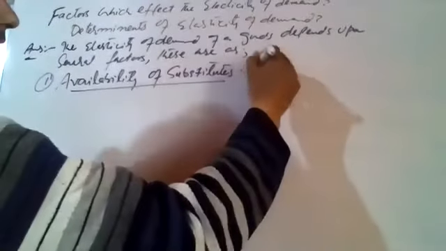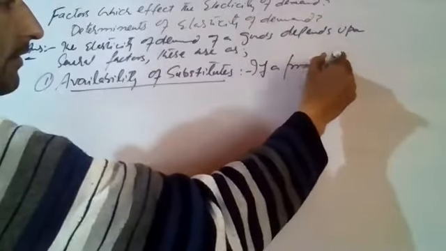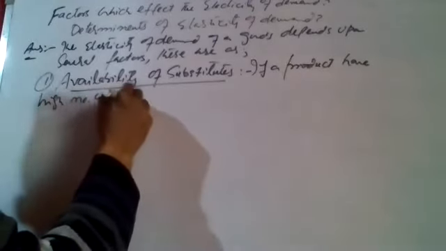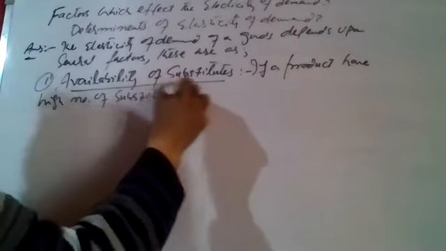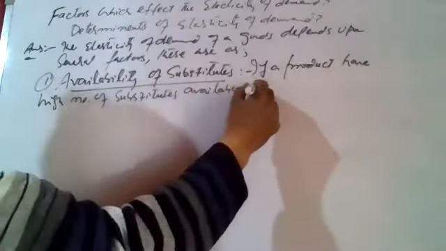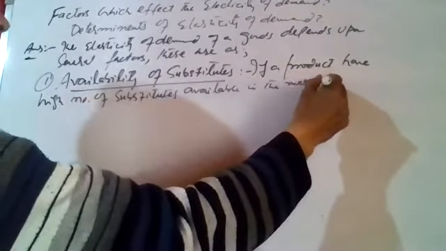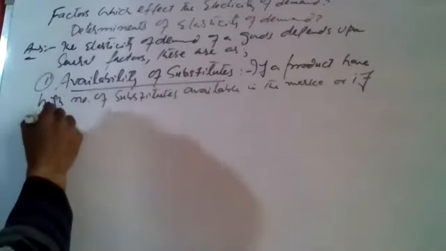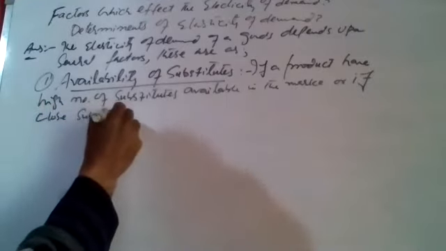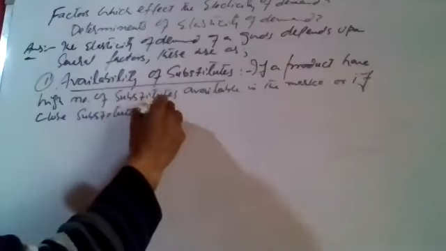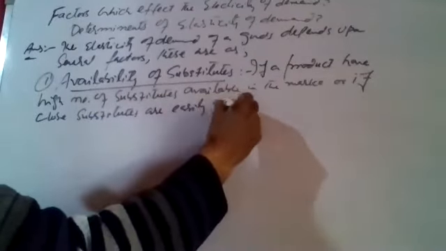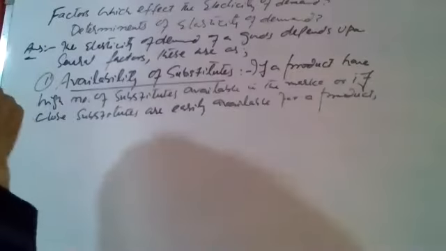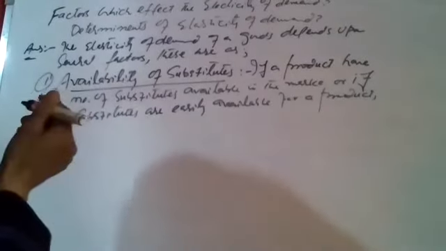So if a product has high number of substitutes available in the market, or if close substitutes are easily available for a product, अगर किसी चीज के सब्स्टिट्यूट्स इजीली अवेलेबल मार्केट में है.